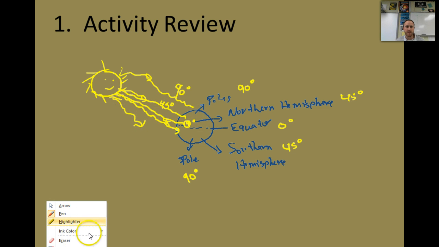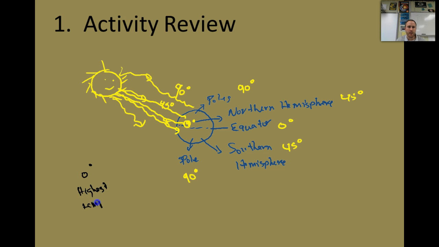Now, as you did the experiment, I'm sure that you started to discover that the 0 degree one had the highest temperature that you would have seen. The 45 probably was a close second, and then 90 probably wasn't too far, but it finished in third place in terms of temperature increase.